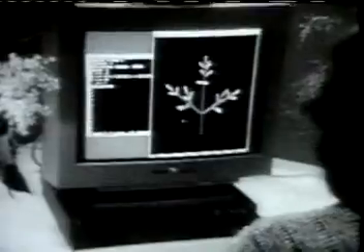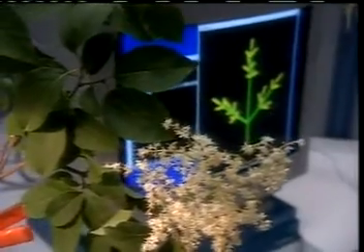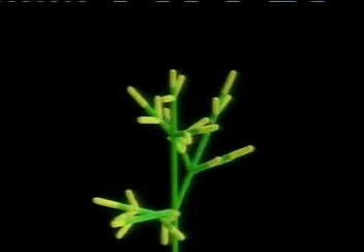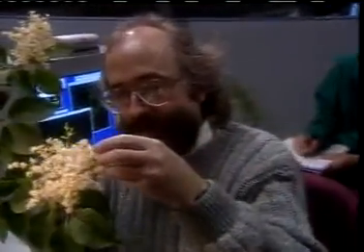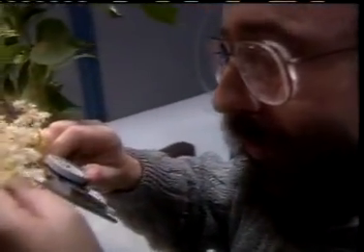To model a lilac on a computer, Dr. P first creates a simple L system. Next, he takes careful measurements of the branching structure.